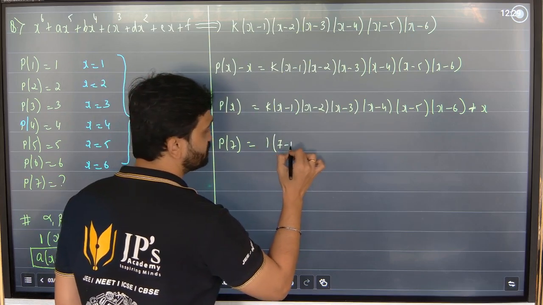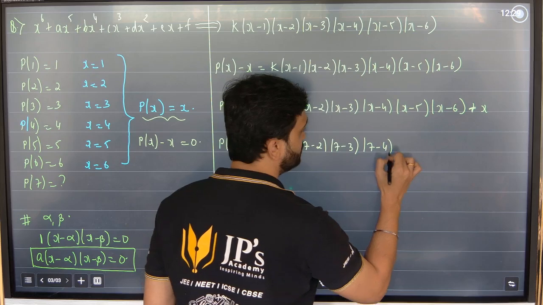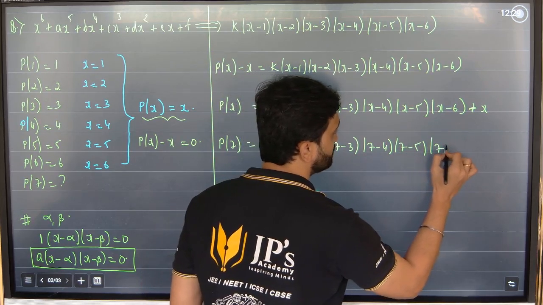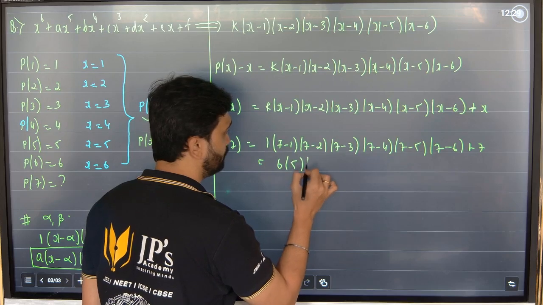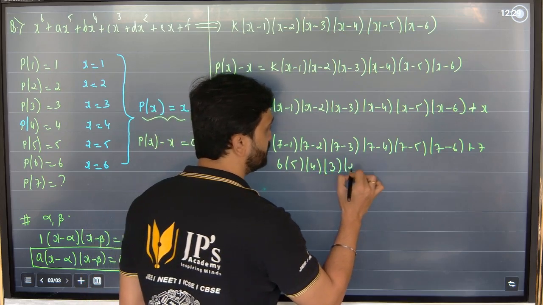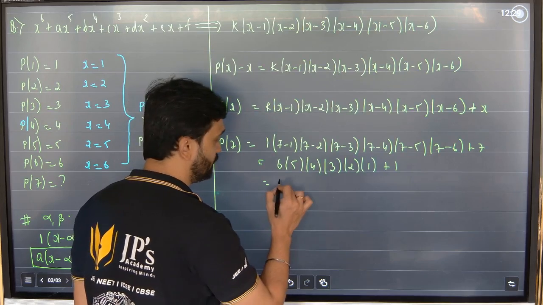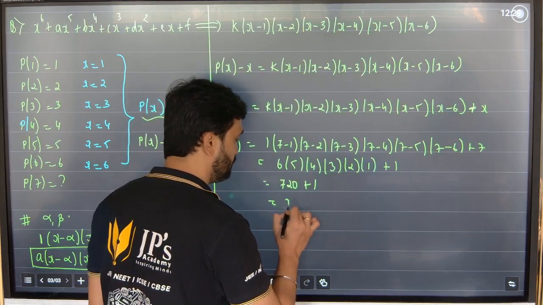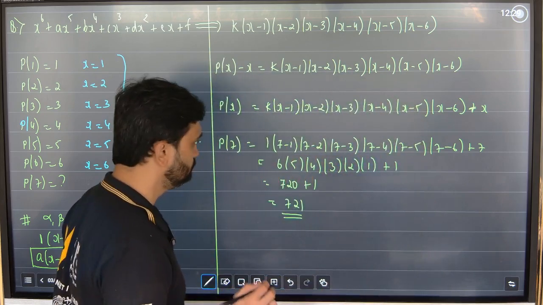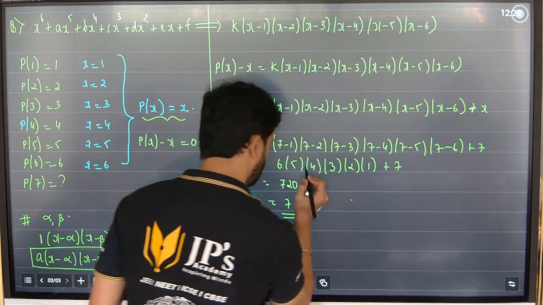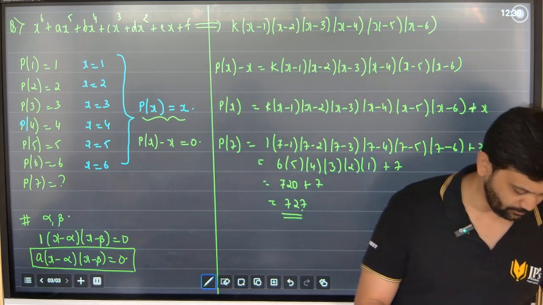This will become 7 minus 1, 7 minus 2, 7 minus 3, 7 minus 4, 7 minus 5, 7 minus 6, plus 7, which will become 6 into 5 into 4 into 3 into 2 into 1 plus 7. 6 into 5 into 4 into 3 into 2 into 1 is 720, plus 7, sorry. So this becomes 727. Now listen carefully.